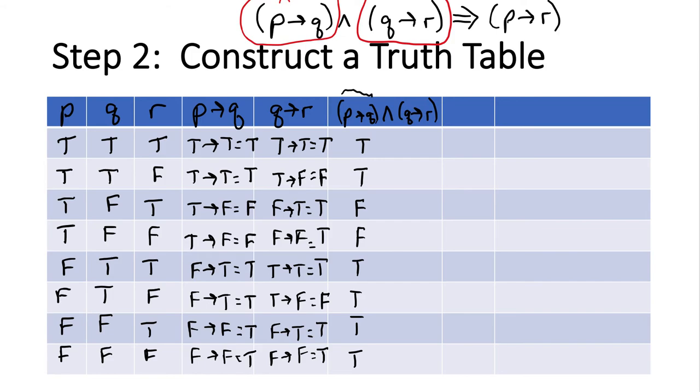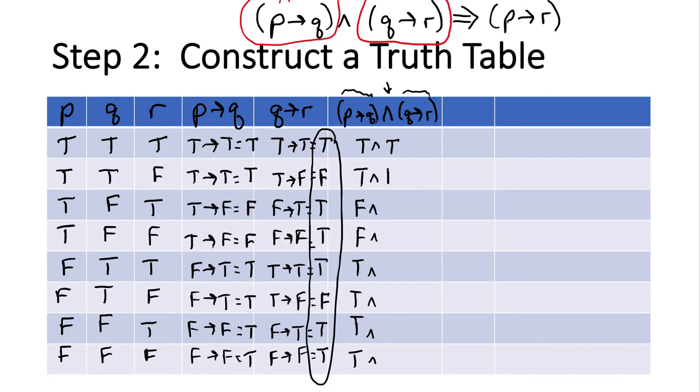And then we'll put our and symbol in. And then for the Q arrow R, we're going to copy the answers that we got right here. So true, false, true, true, true, false, true, true.